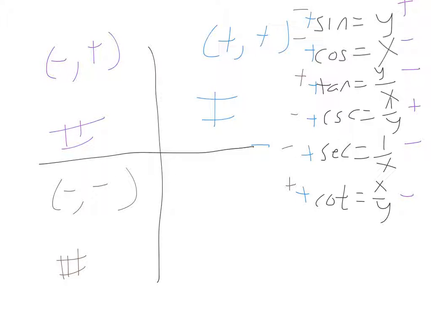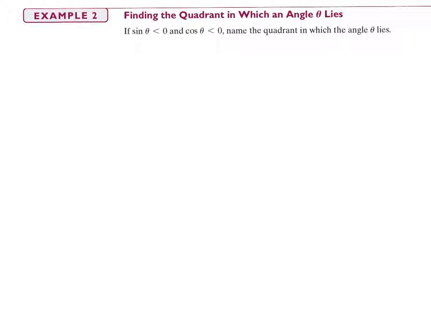And in the fourth quadrant, x is positive, y is negative, so sine is negative, cosine is positive, which means tangent would be negative, cosecant would be negative, secant would be positive, and cotangent, since you're dividing things that have opposite signs, would be negative.